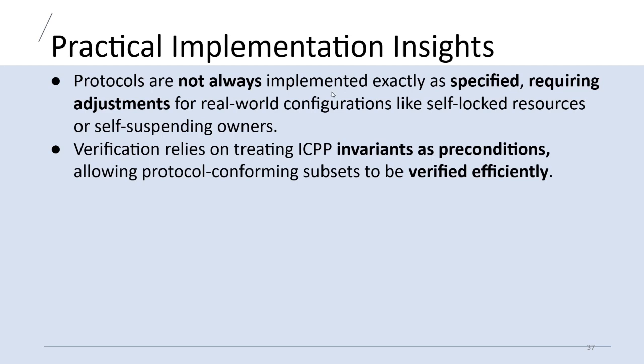Protocols are not always implemented exactly as specified, requiring adjustment for real-world configuration, like self-lock resources of self-suspending owners. Verification relies on treating ICPP invariants as preconditions, allowing protocol-conforming subsets to be verified efficiently.